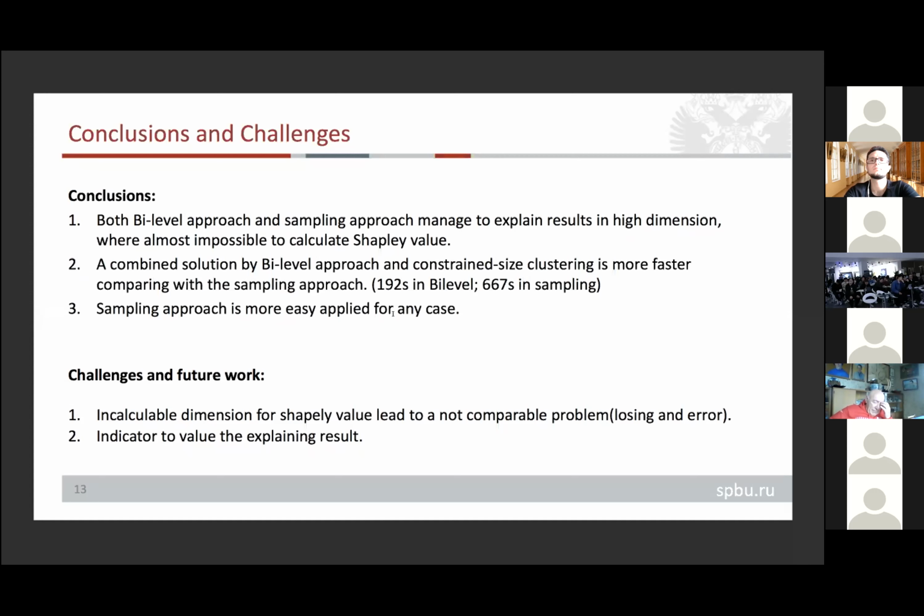On the other hand, the sampling approach is easier to apply in different applications, because for bi-level we need to consider the business, the data set, the different features, and the relationship of the features. Even measuring the features is not easy, I think.